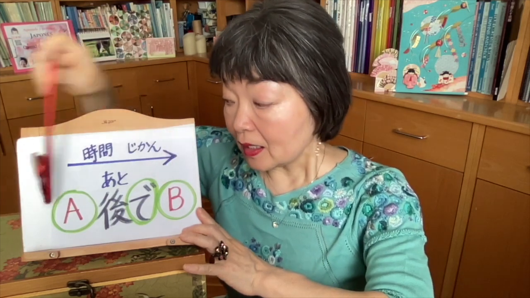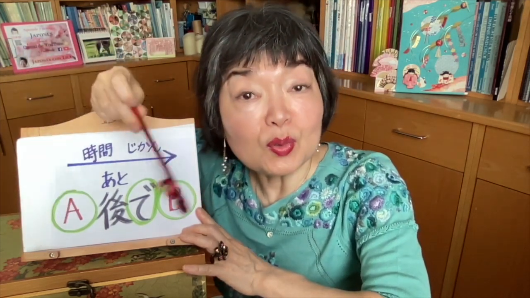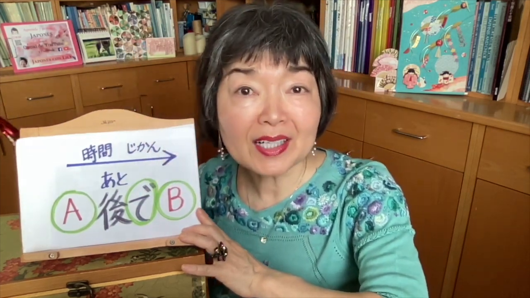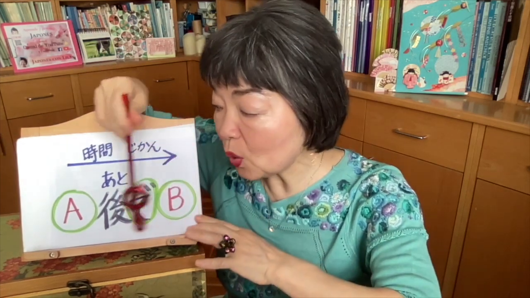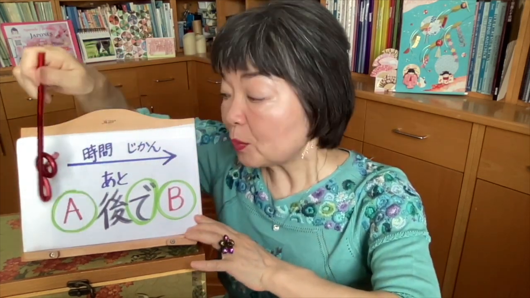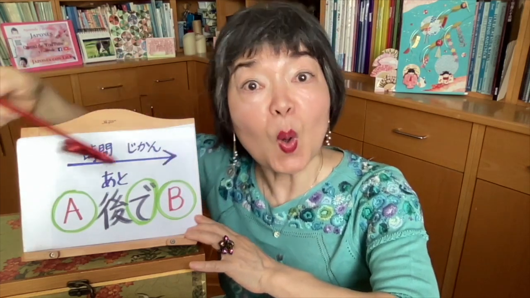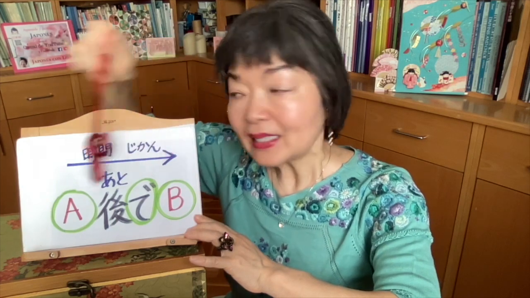It means there is no relationship between lunch and coffee. Instead of coffee, it could have been water or tea or even ice cream. So there's no relation between A and B. Only the time matters, how the time passes.